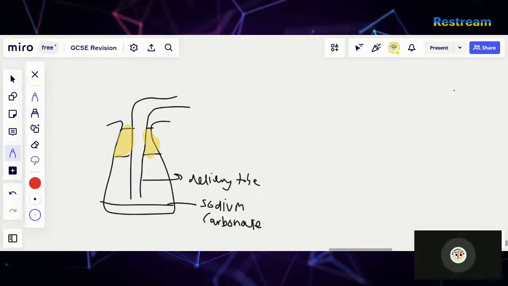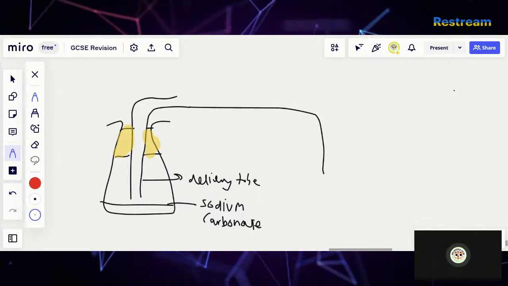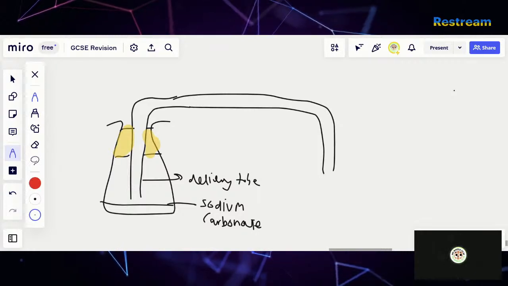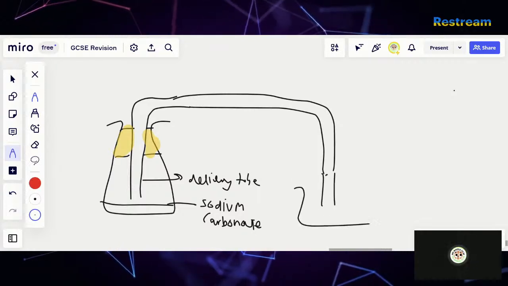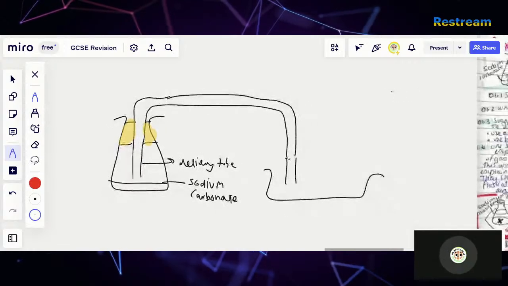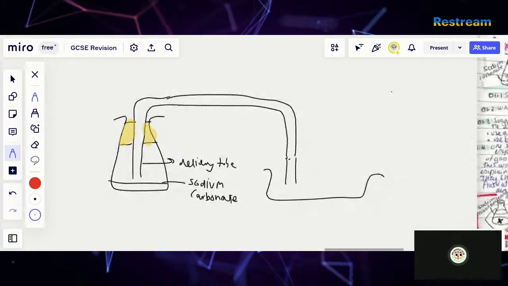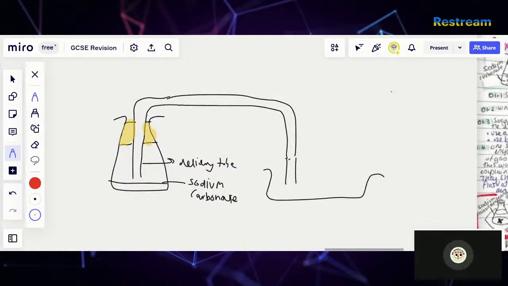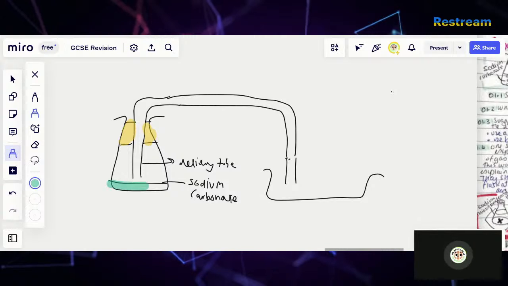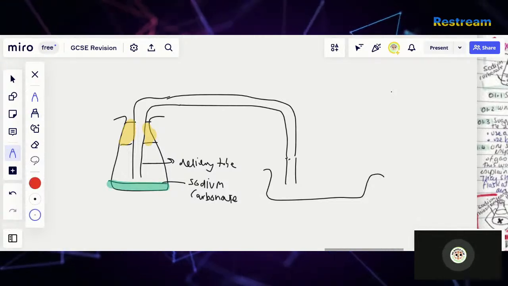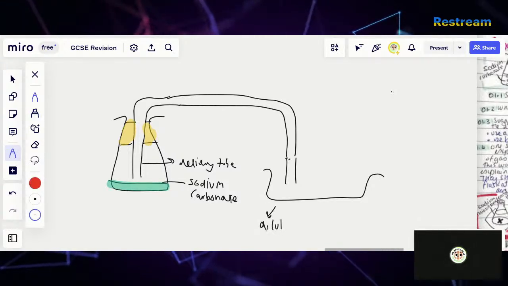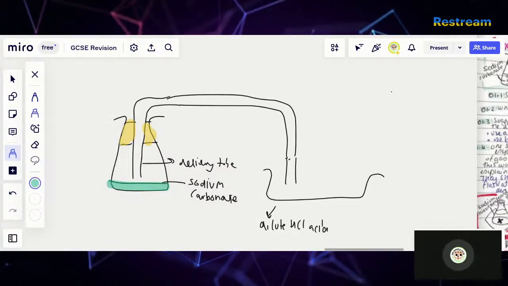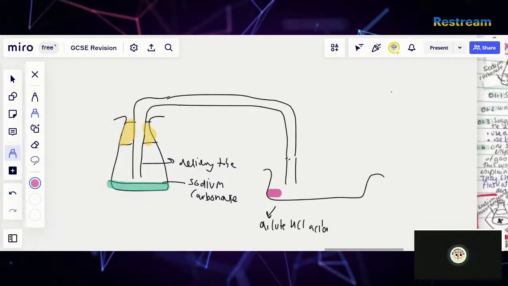So we have the delivery tube, and we're now connecting this delivery tube to a much wider based beaker, and this beaker contains dilute hydrochloric acid. So we've got our sodium carbonate here, which let's represent green, and then we have our dilute hydrochloric acid, which can be represented by the colour pink.